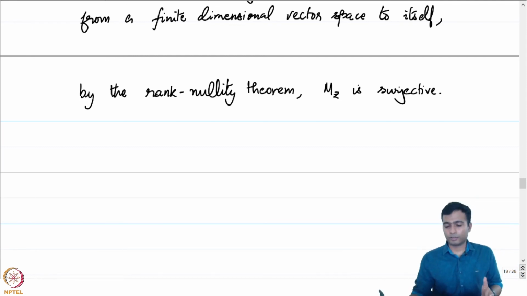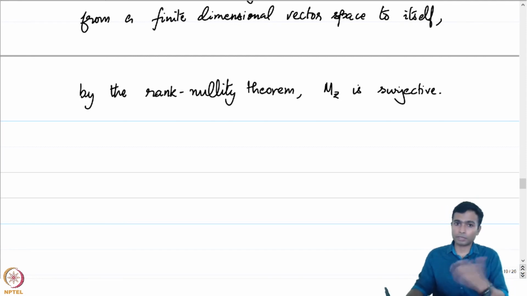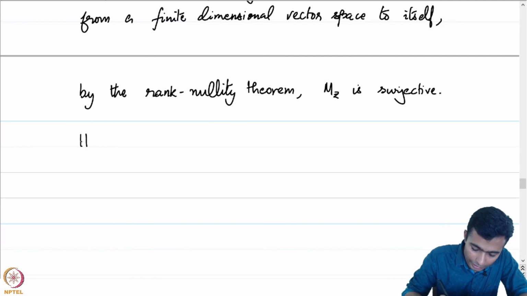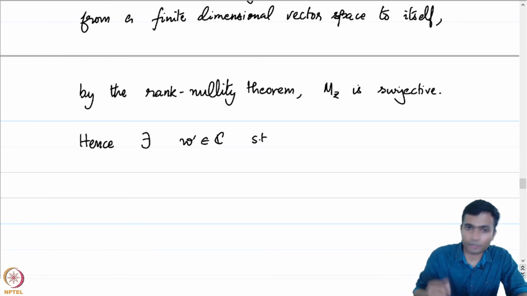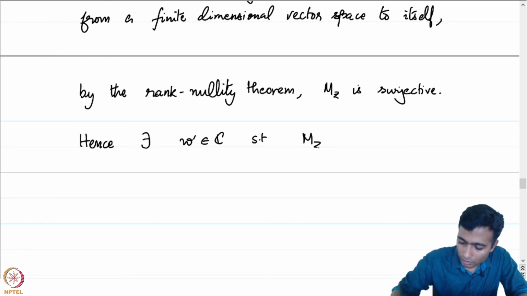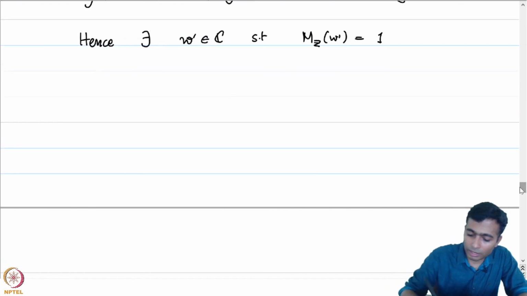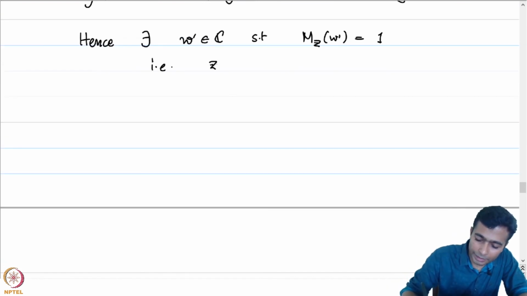That means there exists some w prime such that z times w prime is the coset represented by 1. Hence, there exists w prime in C such that m_z of w prime is equal to the unit element in C. And that means z times w prime is equal to 1 and hence z is invertible.